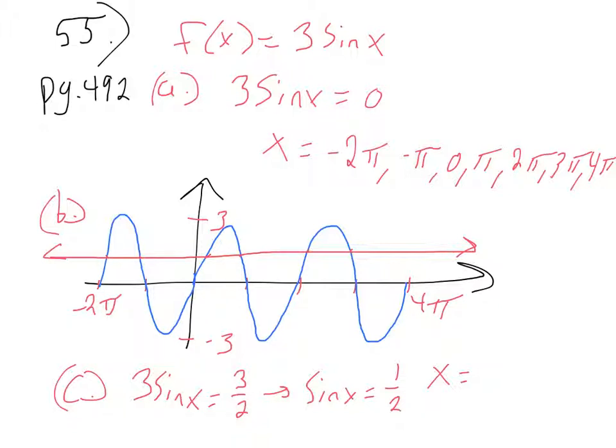Right, so sine x equals 1/2 when it's in the first and second quadrant, because it has to be positive. So pi over 6 is one of them. And then 5 pi over 6 is the next one.